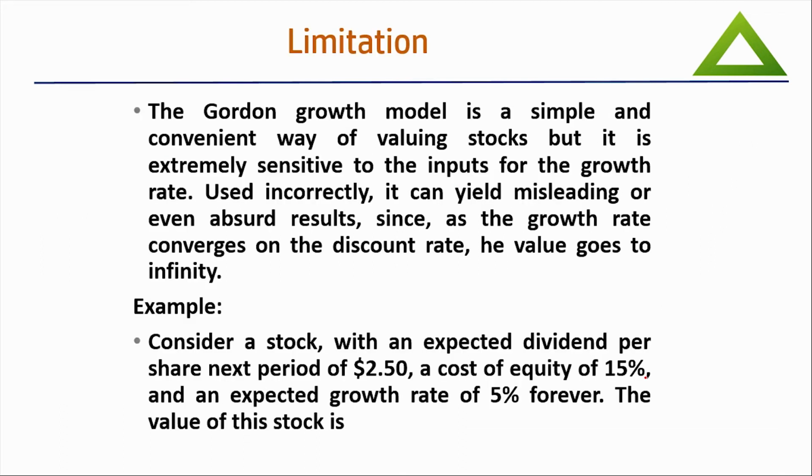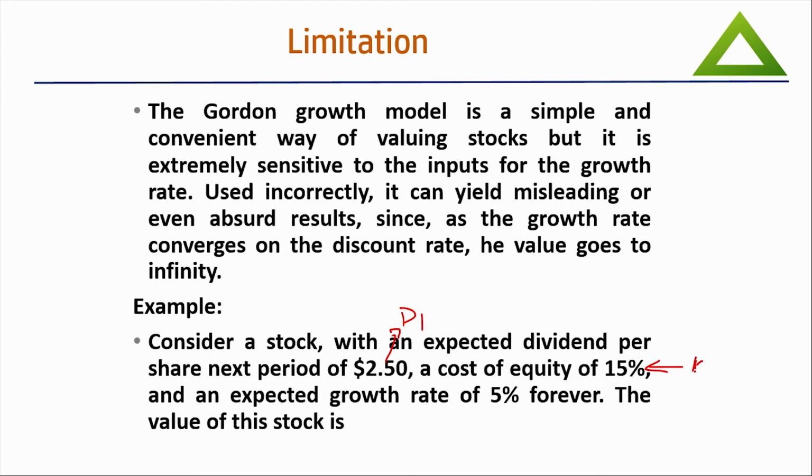Limitations of this model. The first one is the assumption of growth rate. That is the biggest challenge. And this has been taken once again from Aswath Damodaran, who has said that if my assumption about growth rate goes wrong, the model can give me absurd results. This is the example he has considered, wherein D1, which he has given to us, is 2.5.